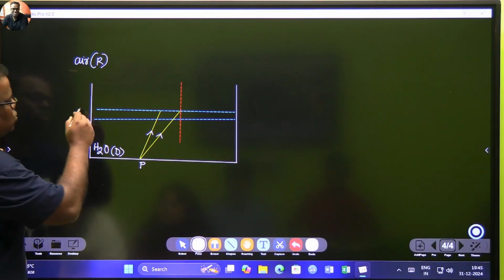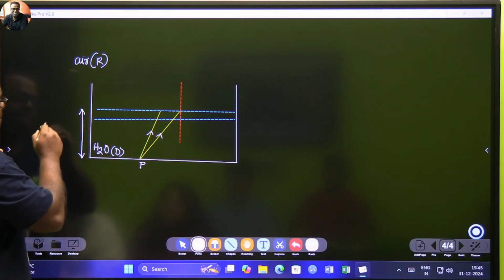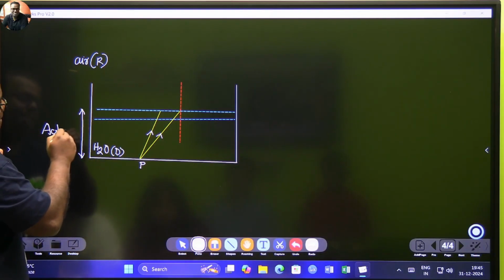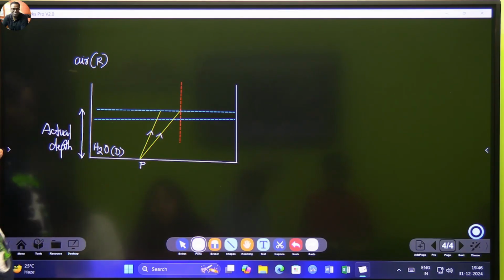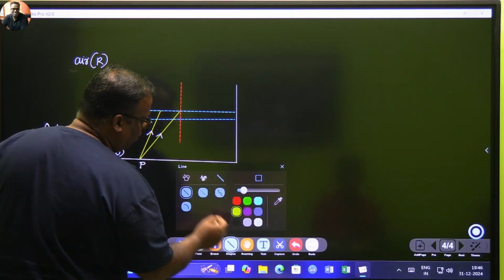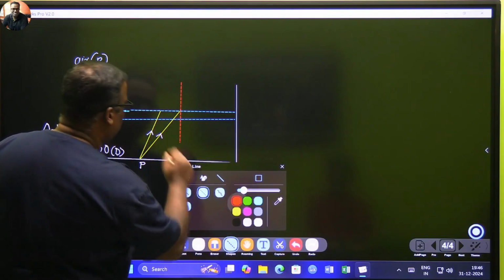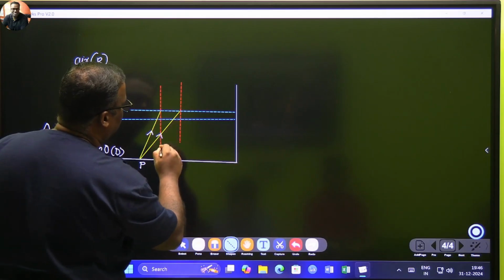And what is my actual depth? This is my actual depth. Have we understood? And there are 2 points of incidence. So what I'm trying to draw are 2 normals at the 2 points of incidence. Okay. So this is one more normal.